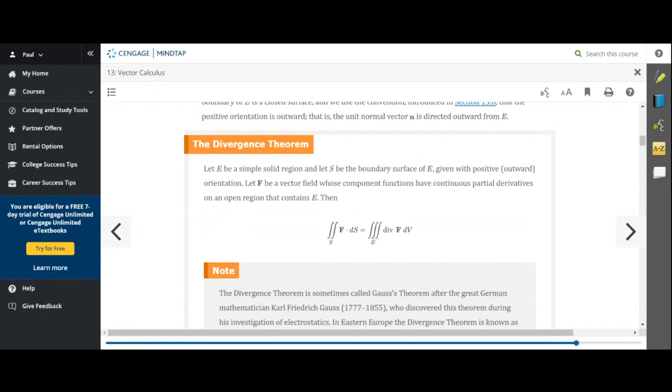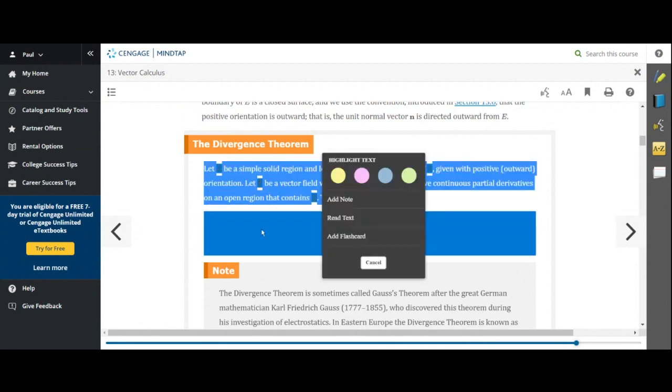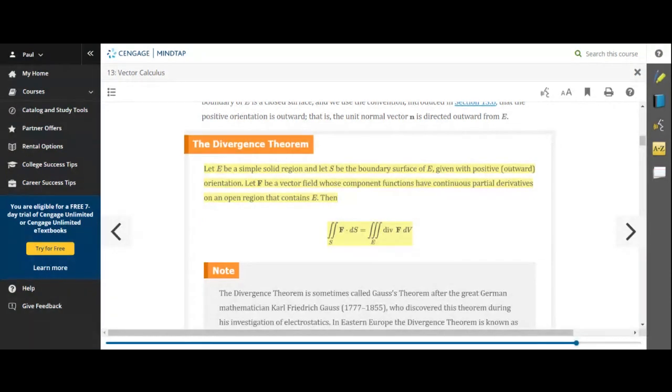Okay, well, with the divergence theorem, what we're going to do is, if we have a situation where we have a solid region E, and S is a boundary surface of E with positive outward orientation, and if we have a vector field whose component functions have continuous partial derivatives on an open region that contains E, then the flux across the entire surface will equal the triple integral of the divergence of F. Okay, divergence of F, right?